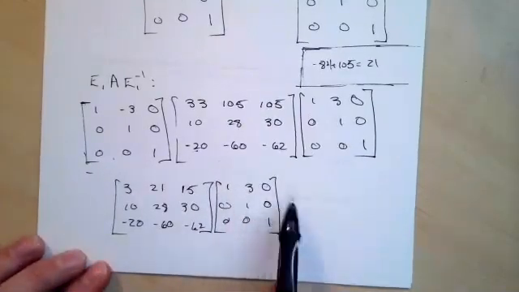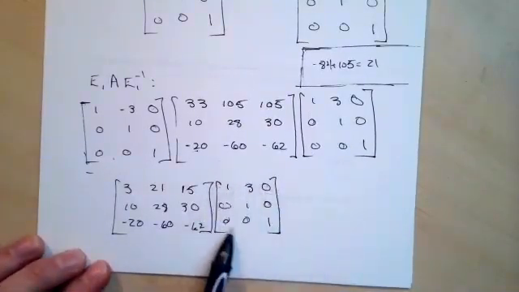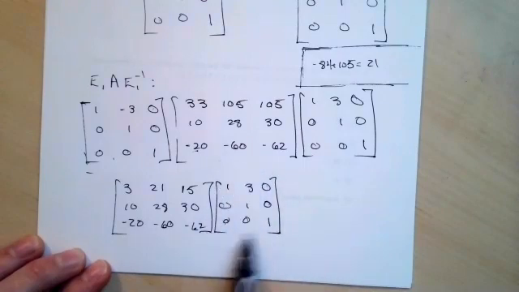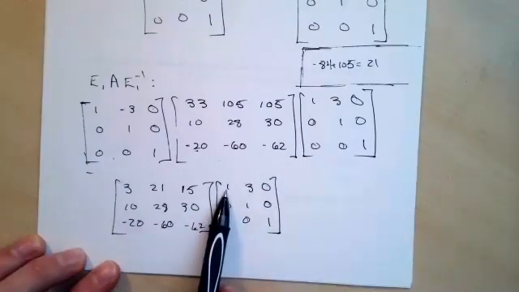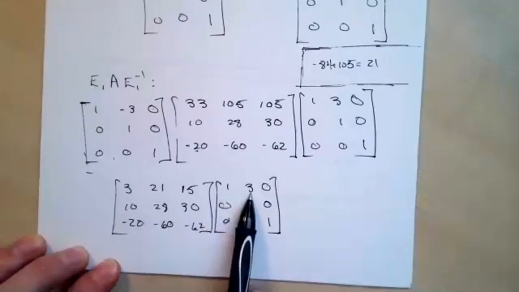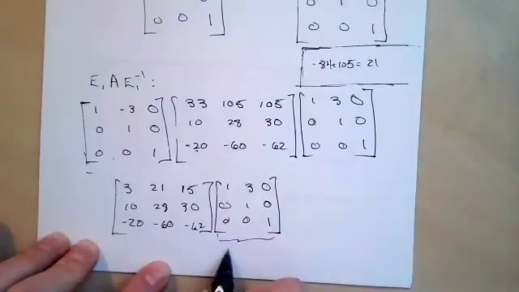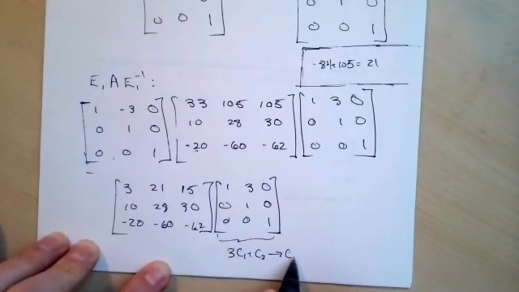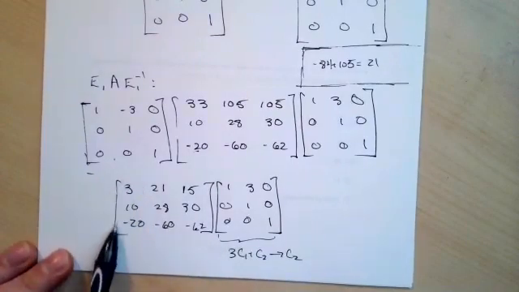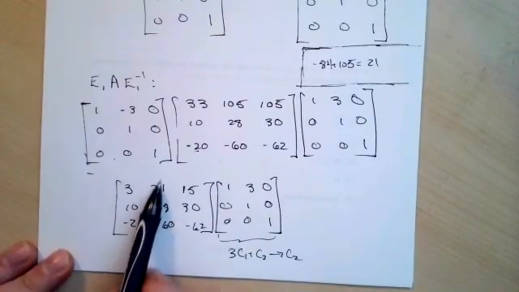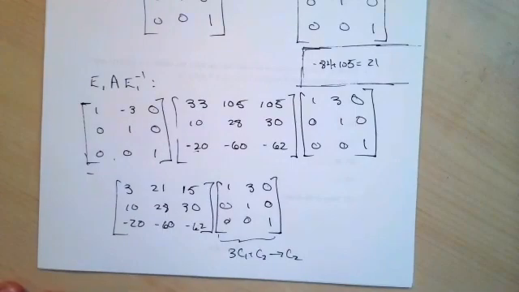Now, acting on the right, you kind of have to think in terms of column operations. How do I get this matrix out of a column operation? It's actually 3 times column 1 plus column 2. So that's what we should expect. If I take 3 times this first column and add it to the second column, that's what's going to result here.